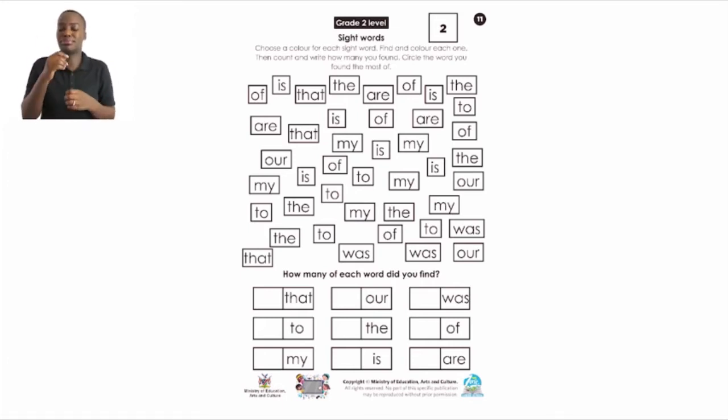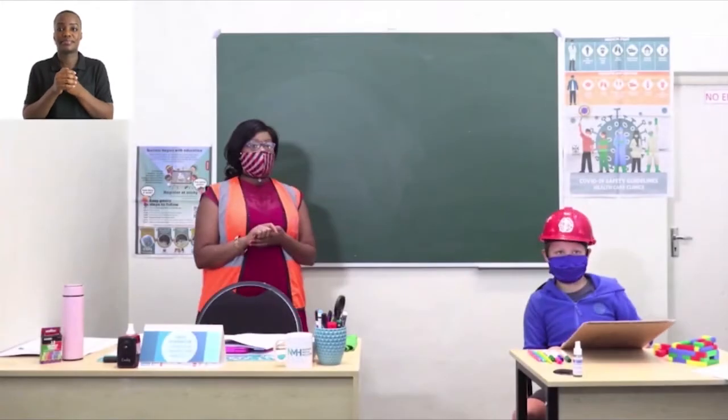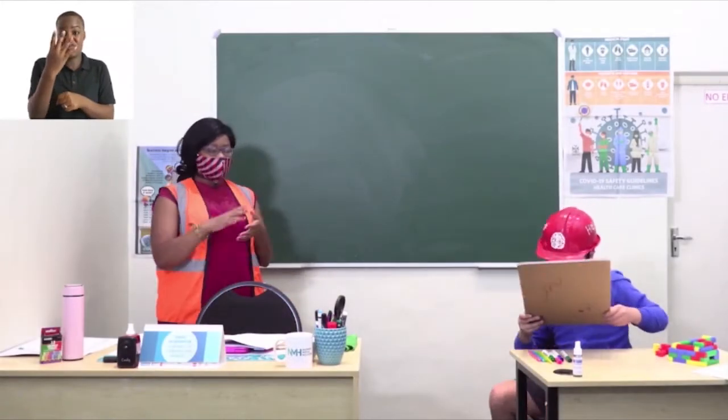And once you have used that one color for the word is, I want you to count how many is words we have. Then you go to the bottom and you write the number of is words you have. You are going to do this for all the bricks that we have there. My friend, whilst we were busy, was doing the first 4 words that he found. Would you like to go and show them?